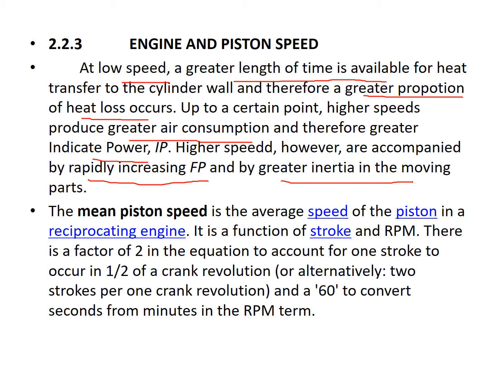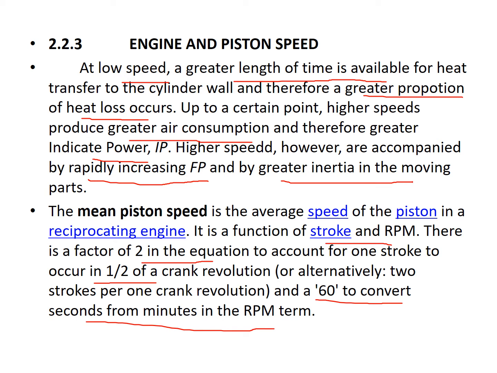The mean piston speed is the average speed of the piston in a reciprocating engine. It is a function of stroke and RPM. There is a factor of 2 in the equation to account for one stroke occurring in half of the crank revolution, or alternatively 2 strokes per crank revolution, and 60 to convert to seconds from minutes in the RPM term.